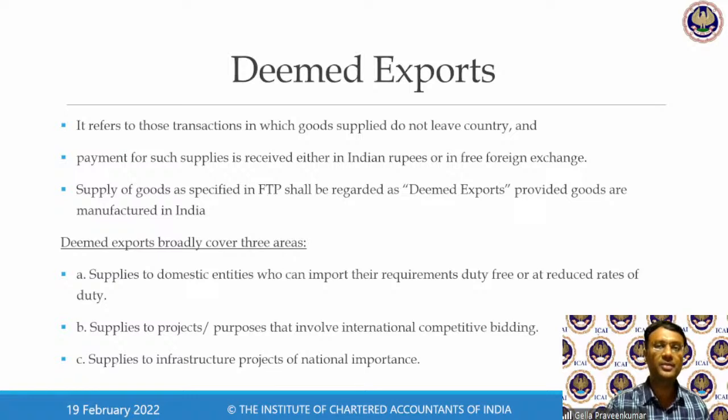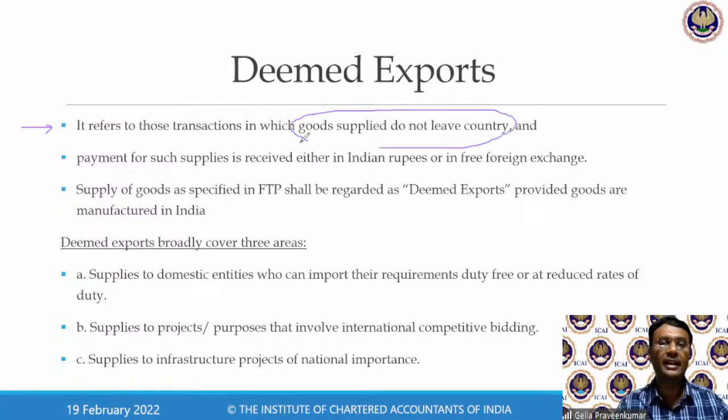Let me explain the backdrop, students, then we will come to this particular page. Prior to that, what is a deemed export? This deemed export has importance under chapter 7 of the foreign trade policy, where they say there are transactions where goods supplied do not leave the country.